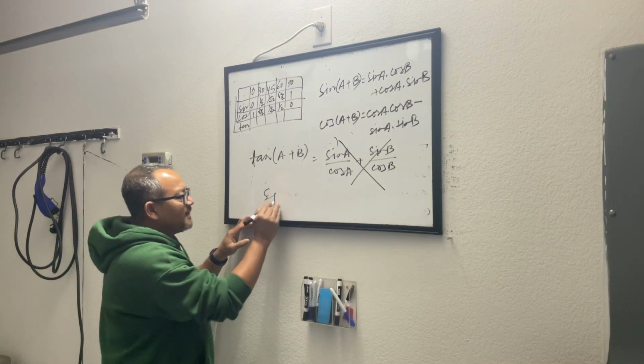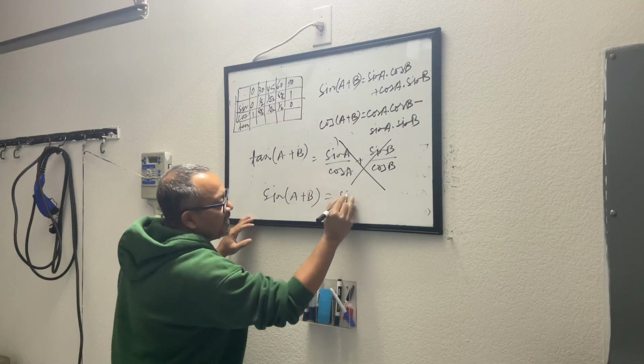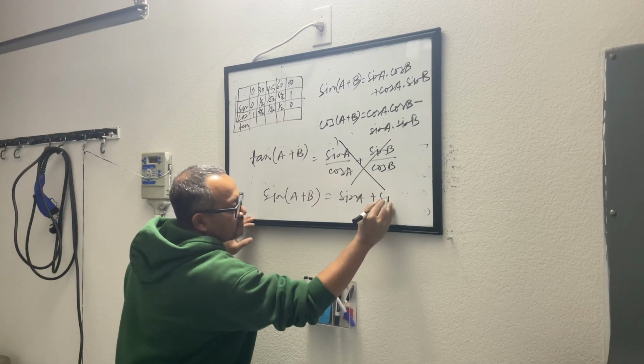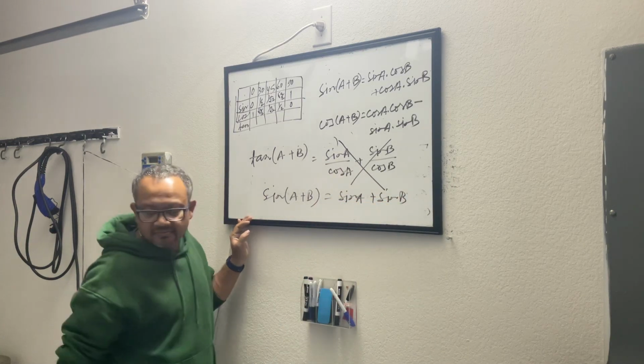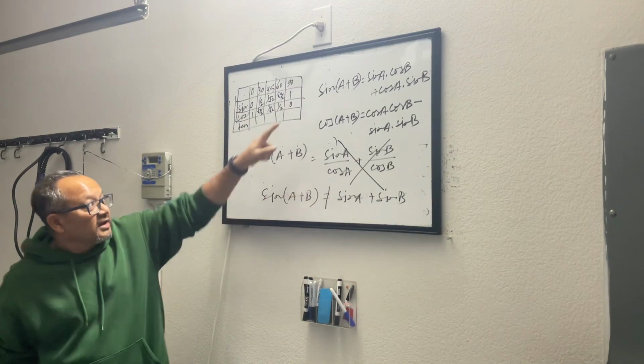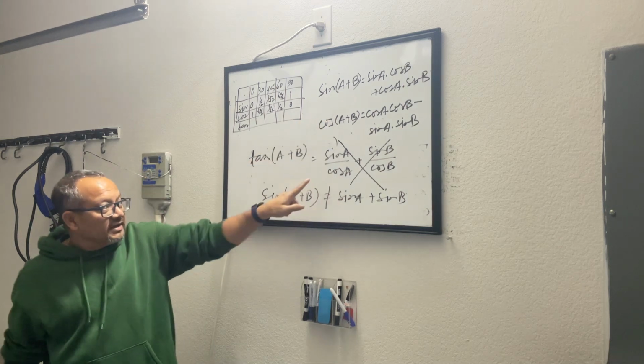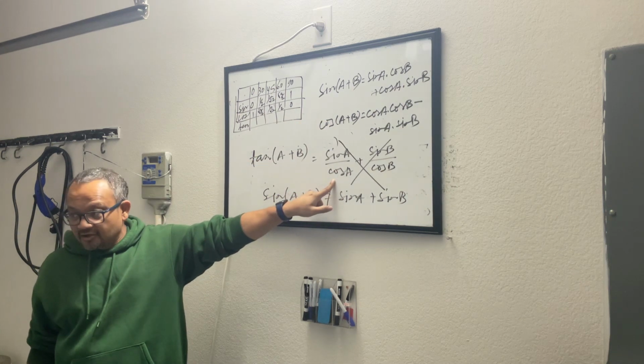See, sine of A plus B is never sine of A plus sine of B. Agree? This is not the case. Correct? That's why we derive this formula. So this will not hold water at all.